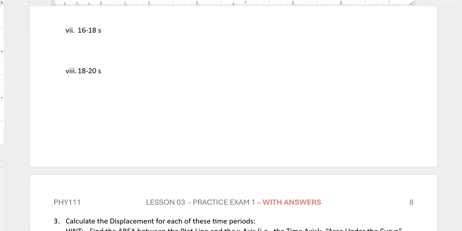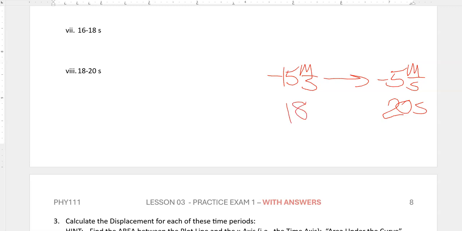So we know that we're going from -15 meters per second to -5 meters per second. This is at 20 seconds. This is at 18 seconds. And this is exactly the opposite order you want in your formula.